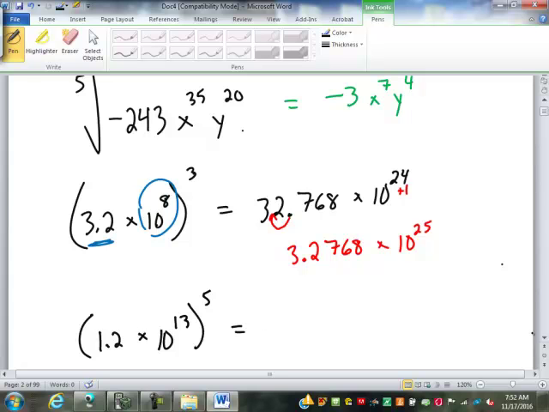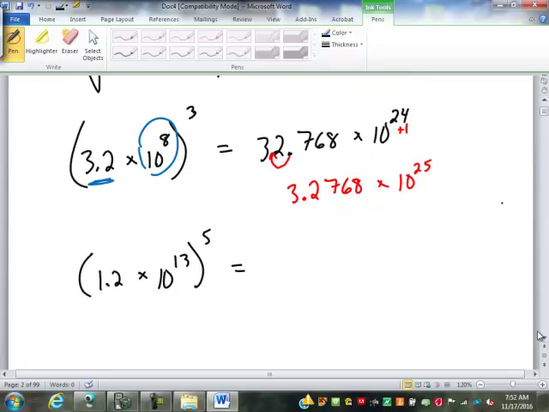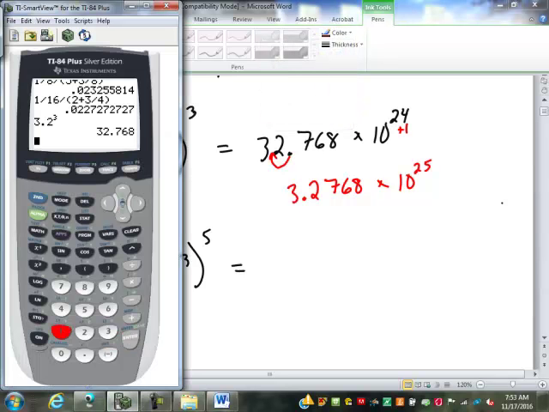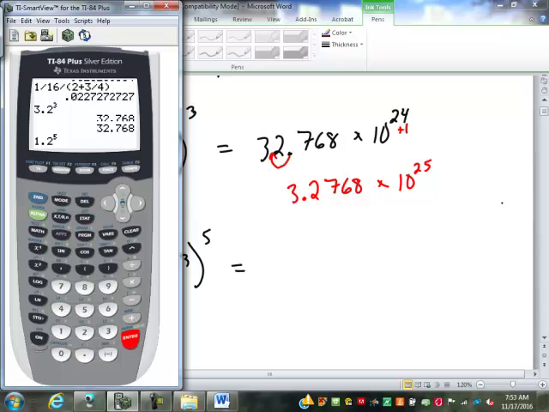How about 1.2 times 10 to the 13th, to the 5th power? 1.2 to the power of 5 is 2.48832.